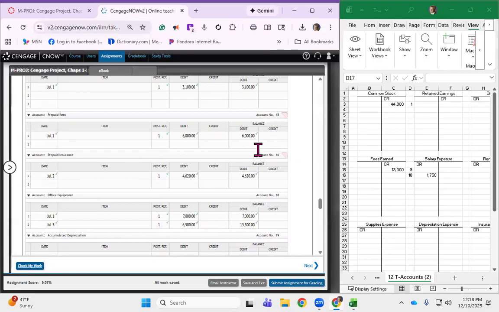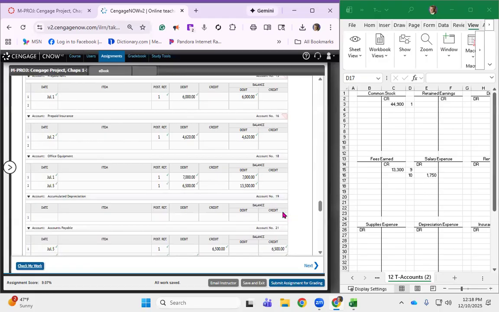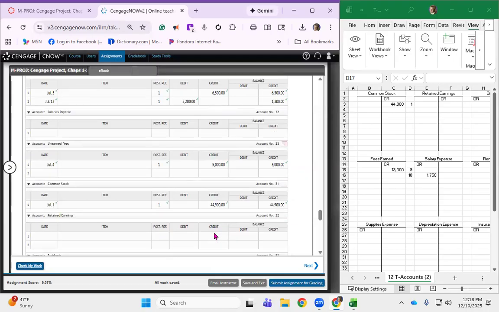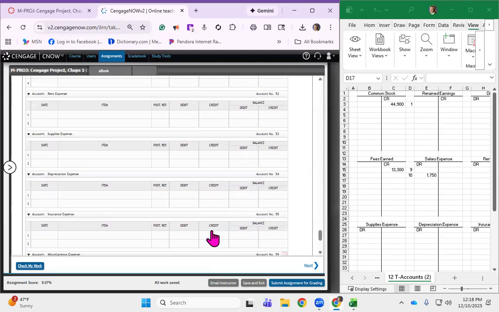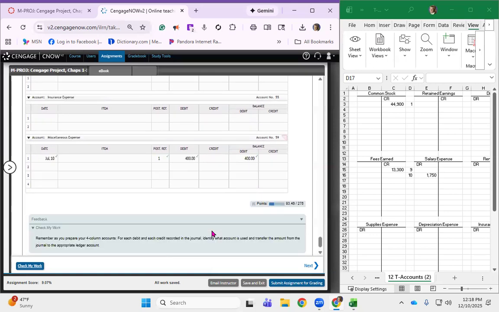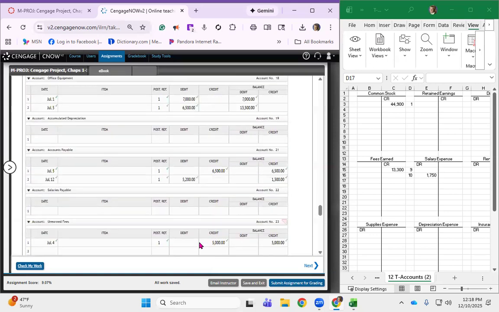Well, I'm not finished yet. So the ledger sometimes is a little harder to read. But if we had something wrong, I don't think we would get these green check marks. So we're looking for mainly green check marks right now. Okay, so take a look. Because that's all we're working on right now is the transactions.